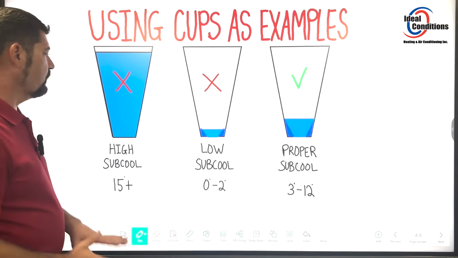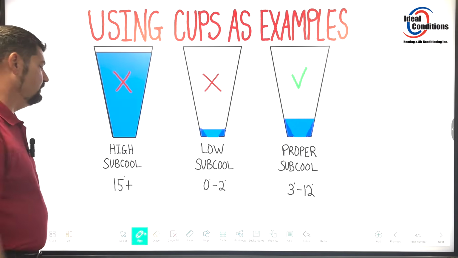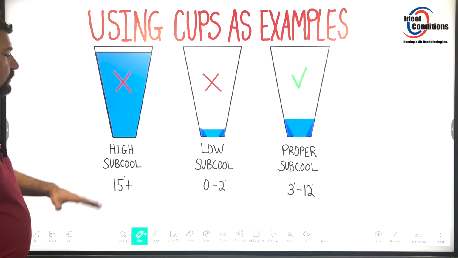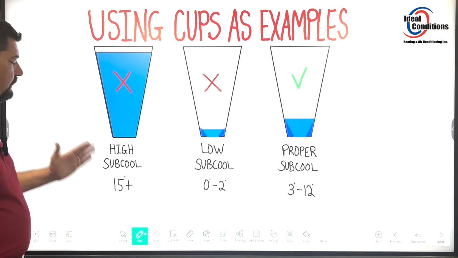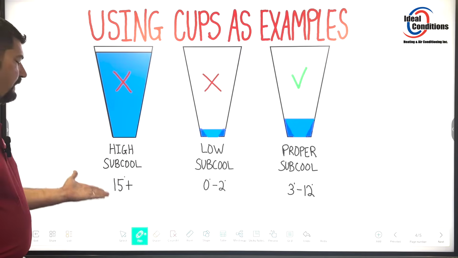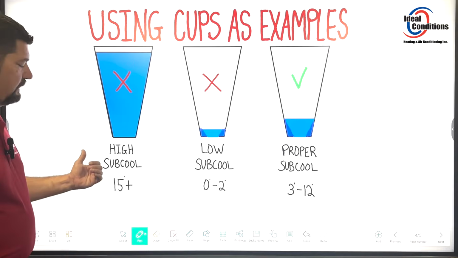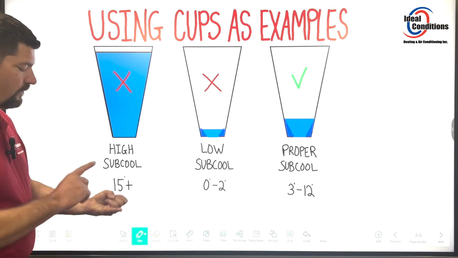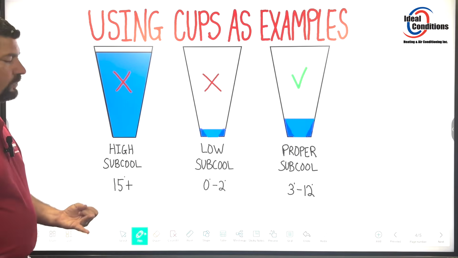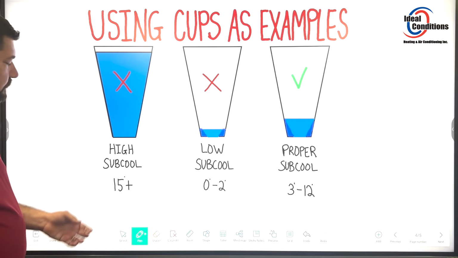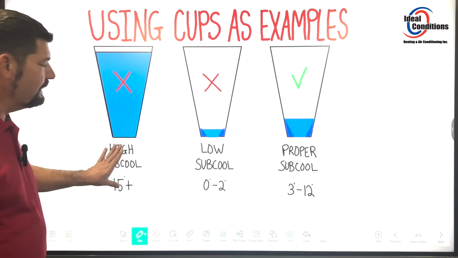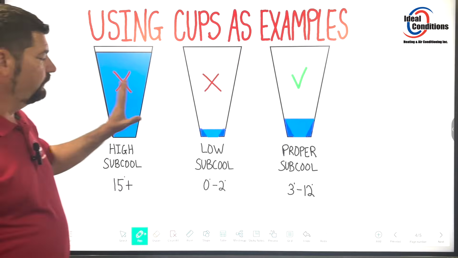We're not going to talk about that so much in this video. But a high subcool, just a general rule of thumb, you're not going to see subcools at 15 degrees that either aren't overcharged or with a restriction, right? But that's not enough data to diagnose a system by itself.